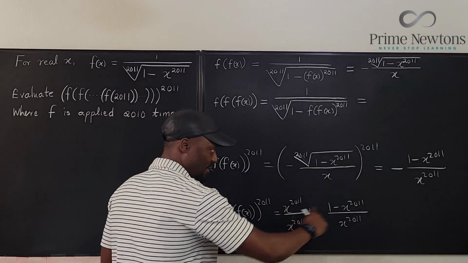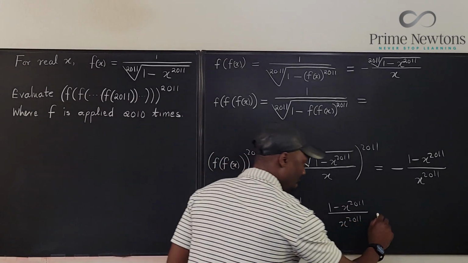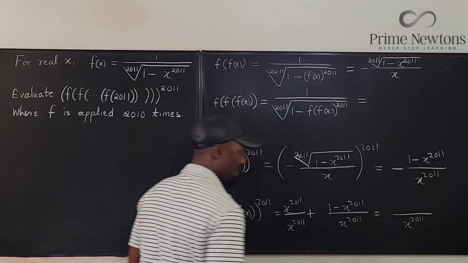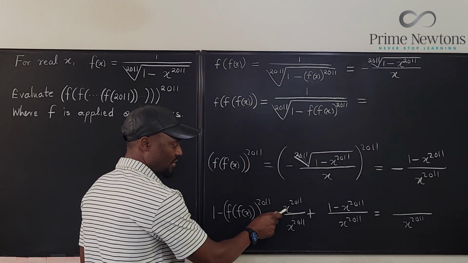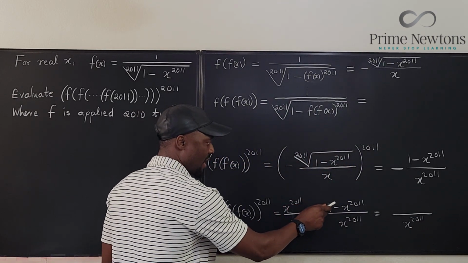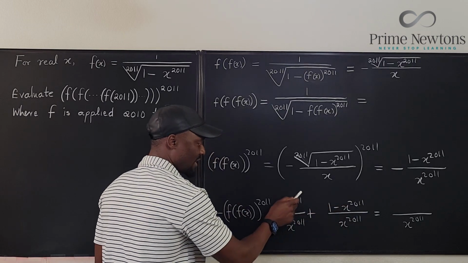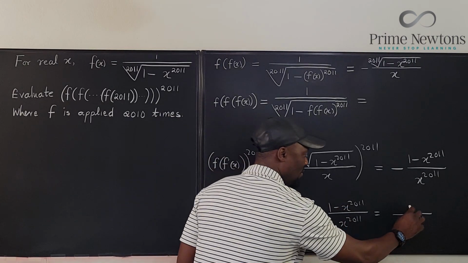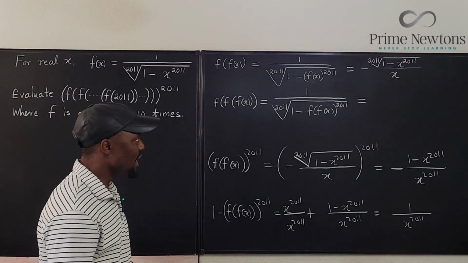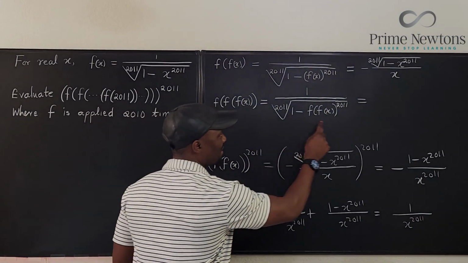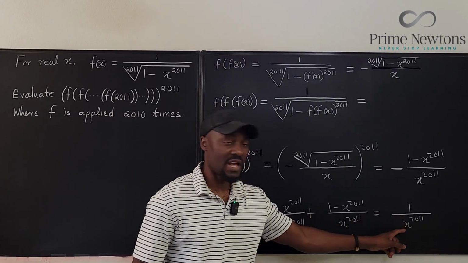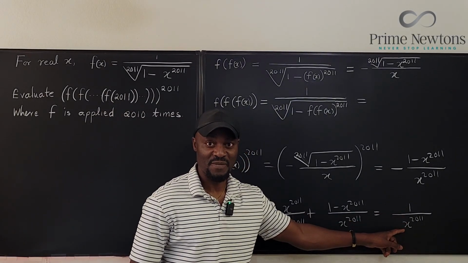And now I can deal with the numerator. There's a common denominator, which is x to the 2011. And see what happens here: x to the 2011 plus 1 minus x to the 2011. This is going to take this guy out. The only thing left is 1. So I know that what's inside this radical is 1 over x to the 2011.